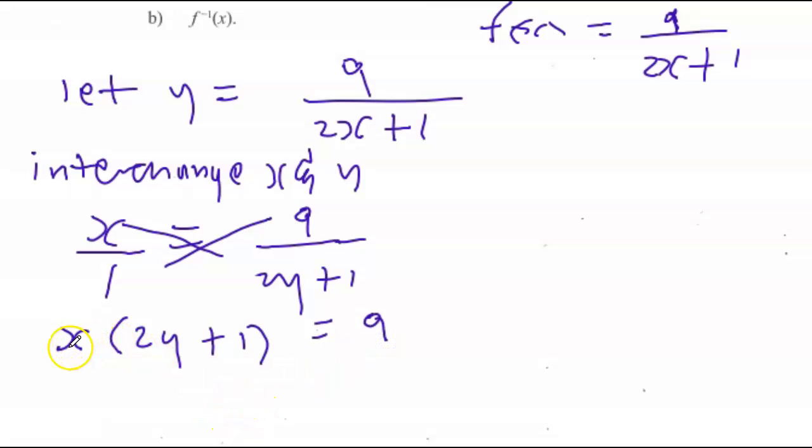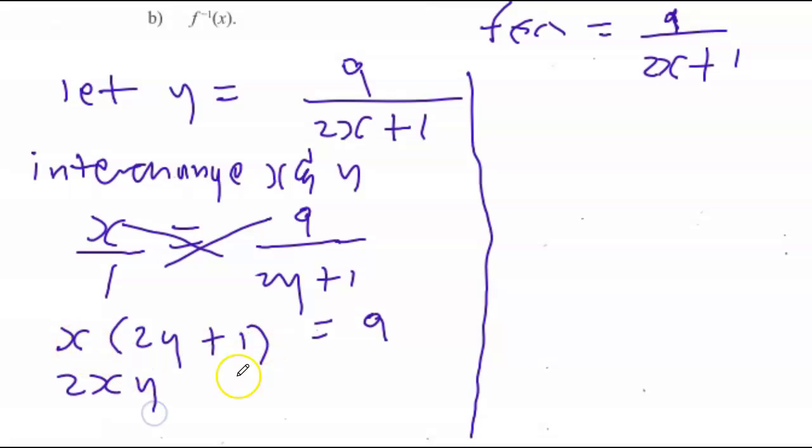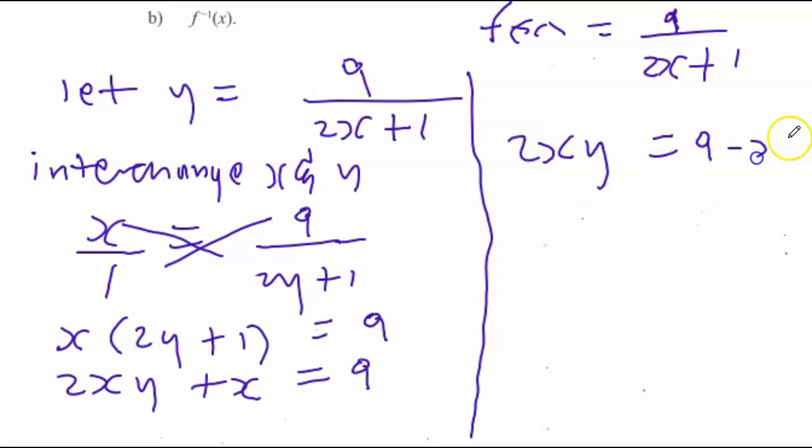So we expand the bracket, x times 2y, that's 2xy, x times 1, that's 1x, equal to 9. So we want to transpose now for y. So subtract x from both sides, we end up with 2xy equal 9 minus x.